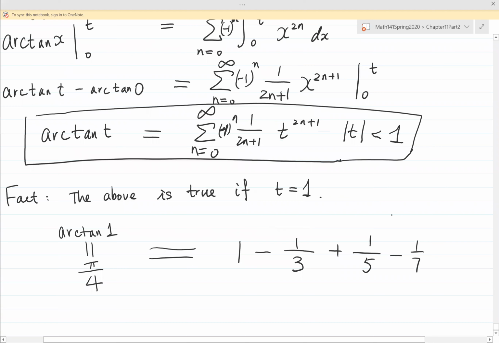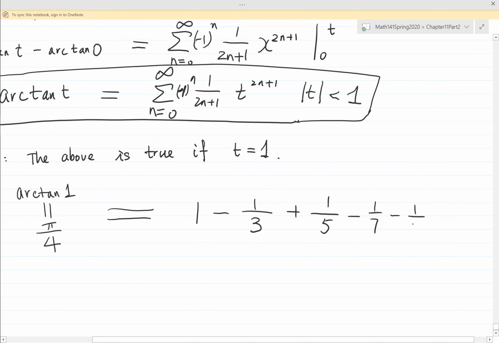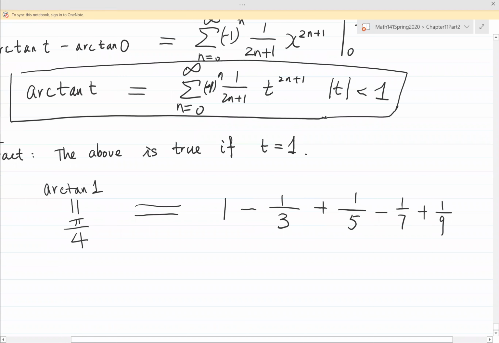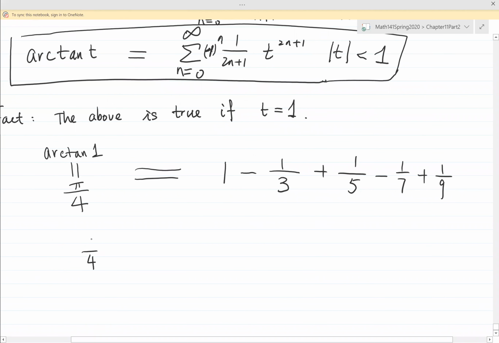Now you see the alternating sum of the reciprocals of the odd numbers 1, 3, 5, 7, 9 is actually equal to pi over 4. So we get pi over 4 equals 1 minus 1/3 plus 1/5 minus 1/7 plus 1/9, et cetera.